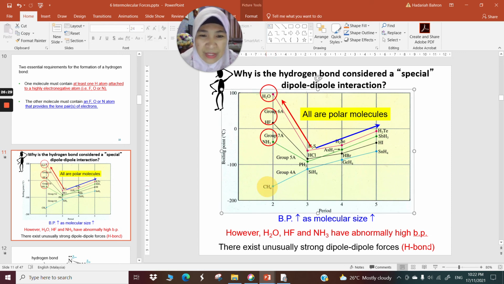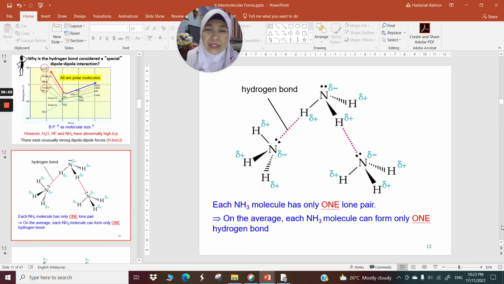So you have here methane, NH3, H2O, and HF. Everything in group 4 is fine, but going on to group 5, group 6, and group 7, things start to show a divergent or different trend. So let me explain to you how it happens.